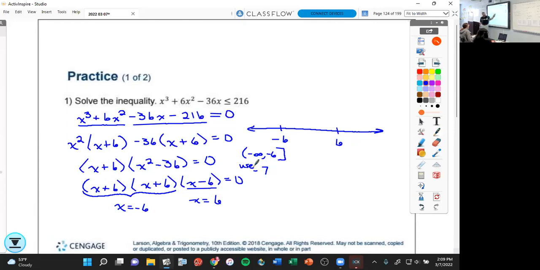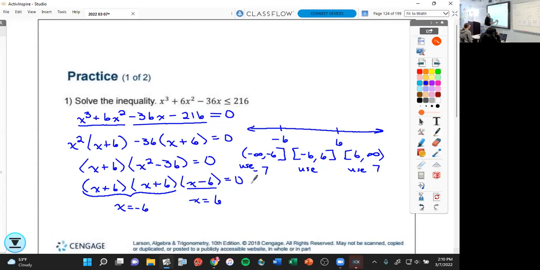Someone get me a negative 7 cubed plus 6 times negative 7 squared minus 36 times negative 7. 203 for negative 7.